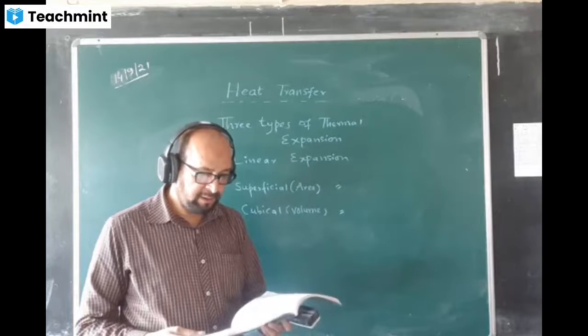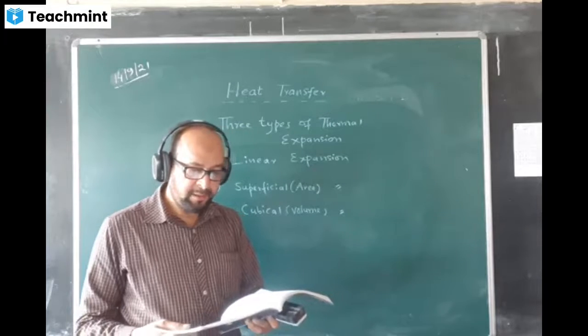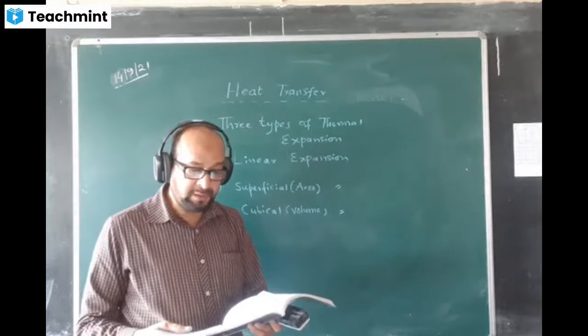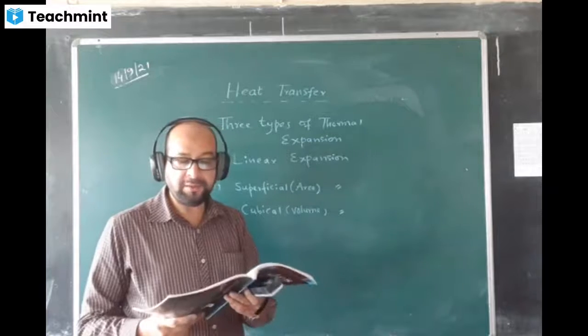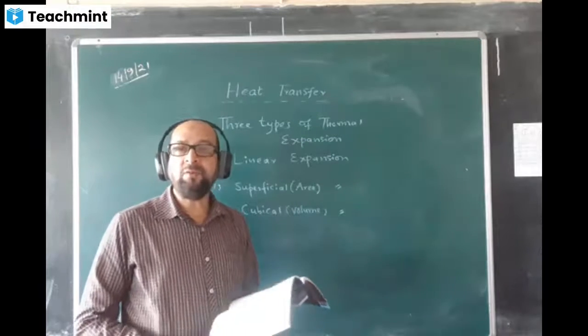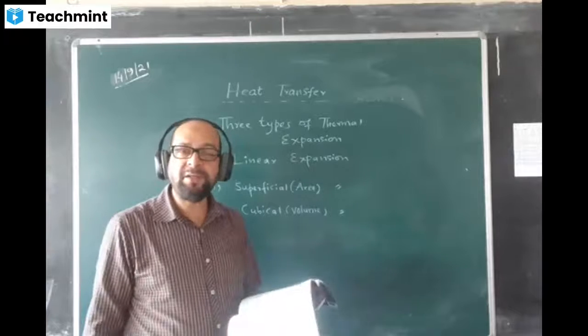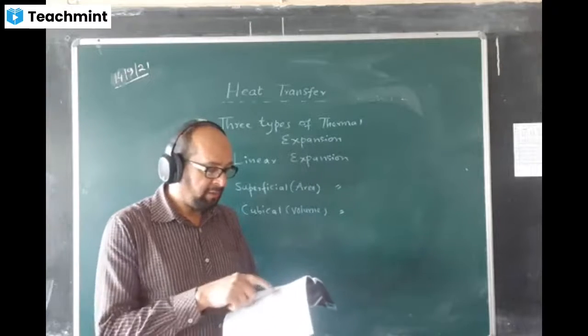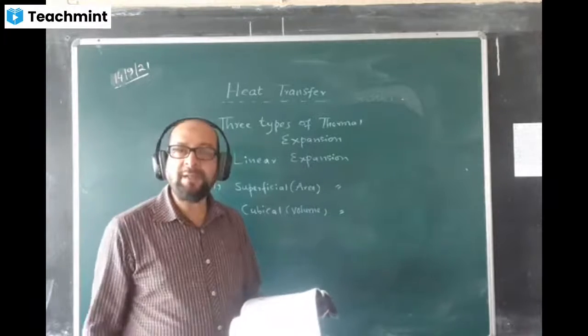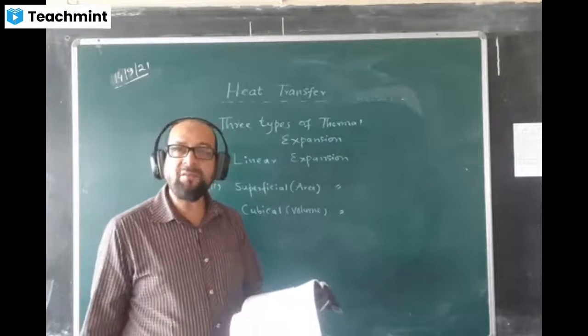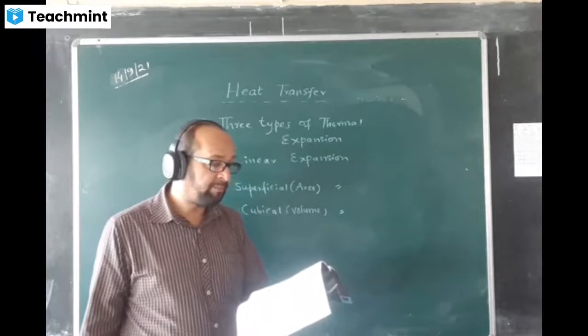Can you see figure 6.8? Gap between the two rails. The one long track and another long track are joined with nut and bolt. That is known as fish plate. They are showing it there in the diagram.